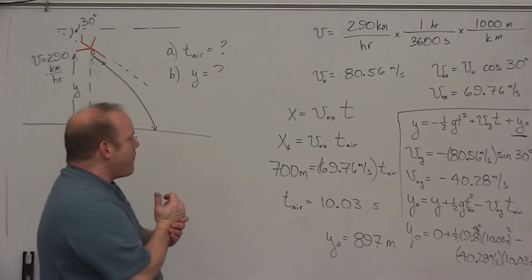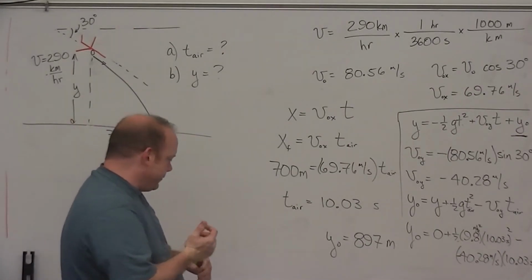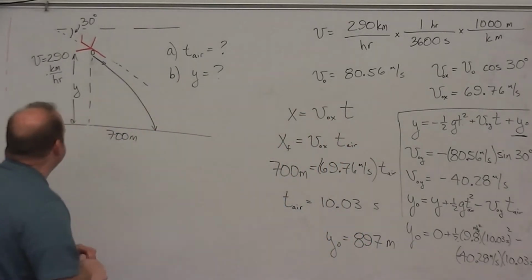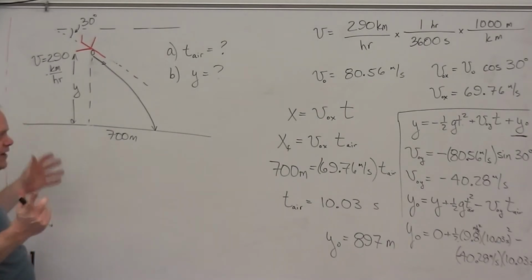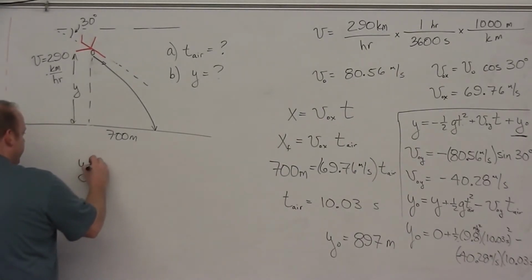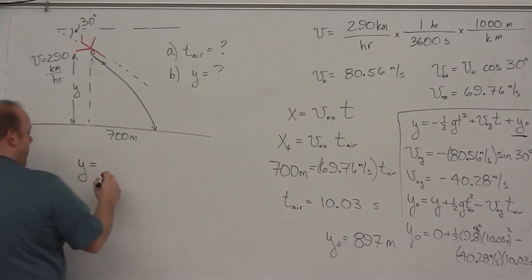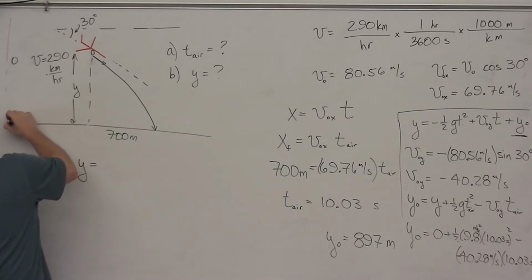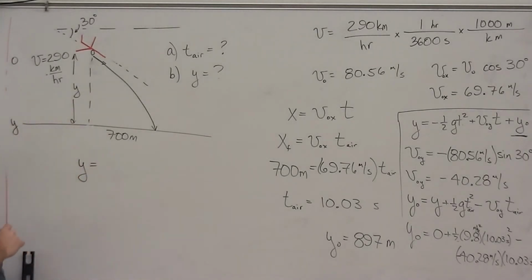Now a bit of a shortcut we can take is to take a look at, let's say down's positive. So now if down is positive, I can say that it starts falling from 0 and it's going to fall down to here. So I'm going to set y0 equal to 0.